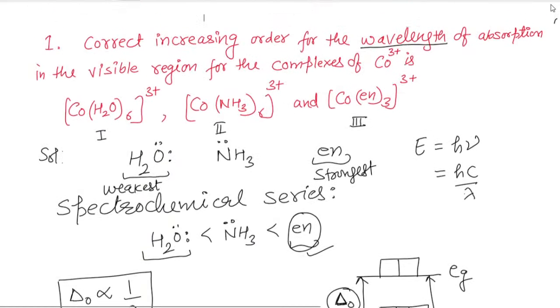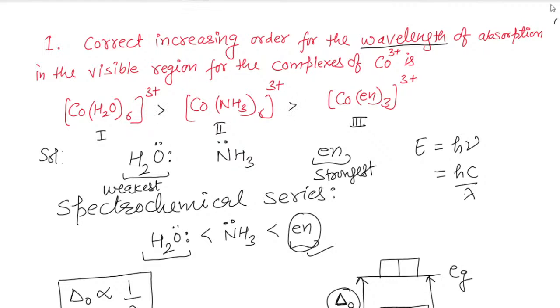That means the order is: Co(H2O)6 correct increasing order. That means the increasing order of this is the decreasing order.